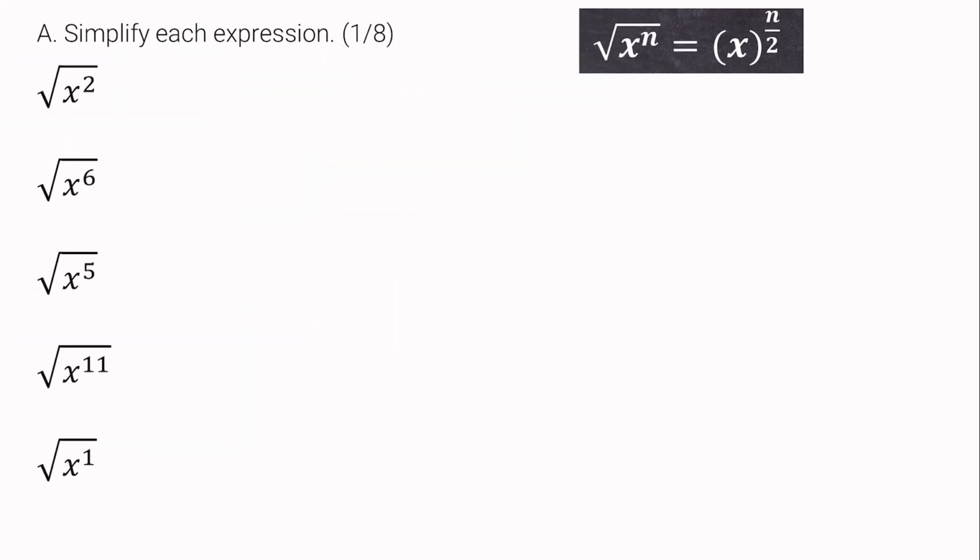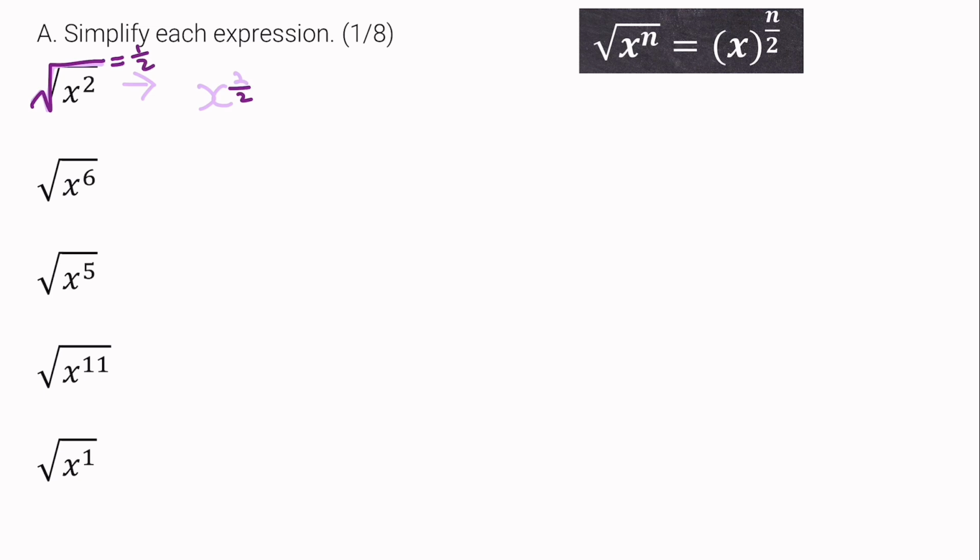If I have the square root of x squared, what I do is take that x squared and divide the power by 2, because the square root sign is equal to the power of 1/2.